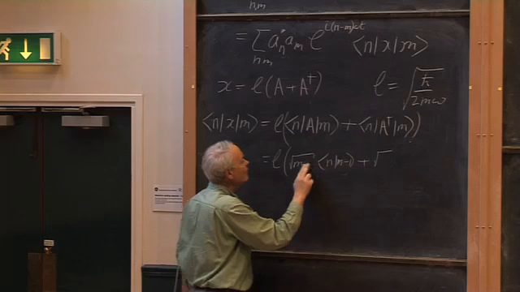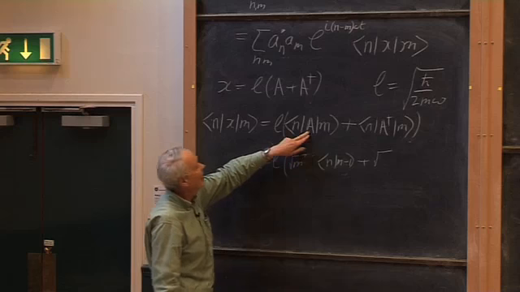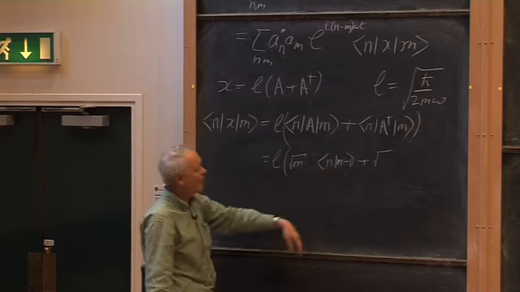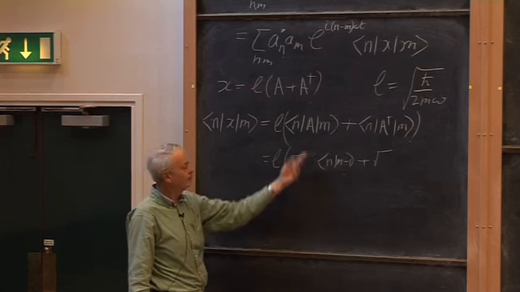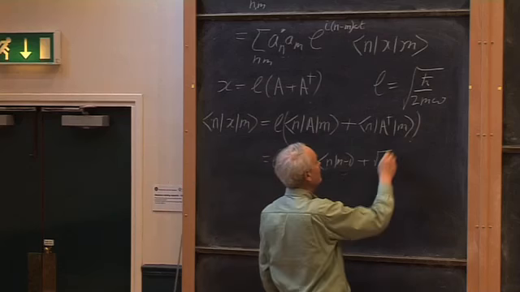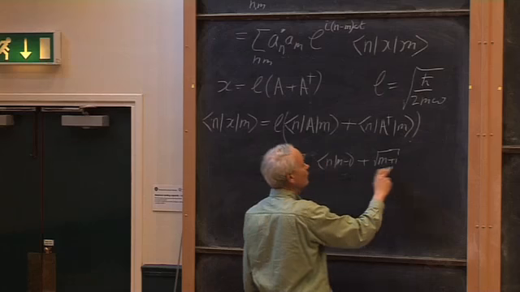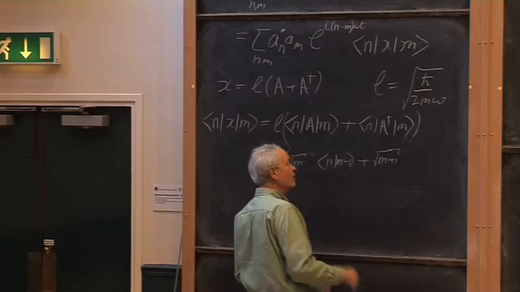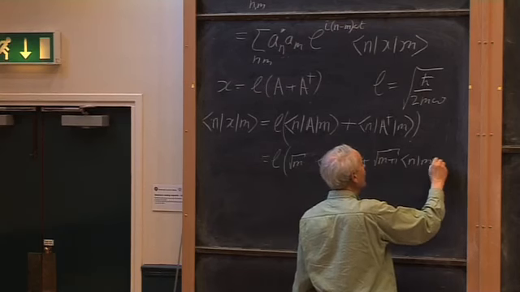But it's the square root of the biggest number that occurs. So this is the square root of m. Sorry. a on m produces m minus 1. How much? The square root of the biggest integer that's involved. That's the square root of m. And a dagger is going to produce m plus 1, with the normalization, which is the square root of the biggest number involved, which is m plus 1.